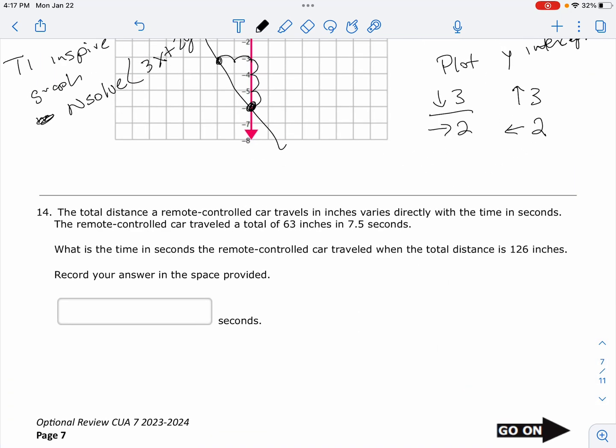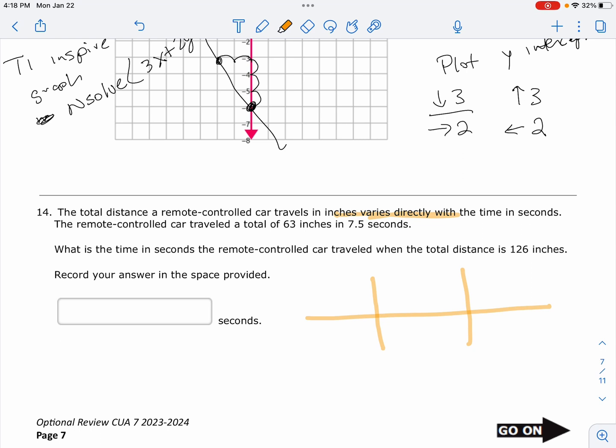Okay, number 14. The distance a remote controlled car travels varies directly. There's that key word, varies directly. If I have varies directly, I'm doing the big H, okay? So I'm going to have 2 different things that are being measured.